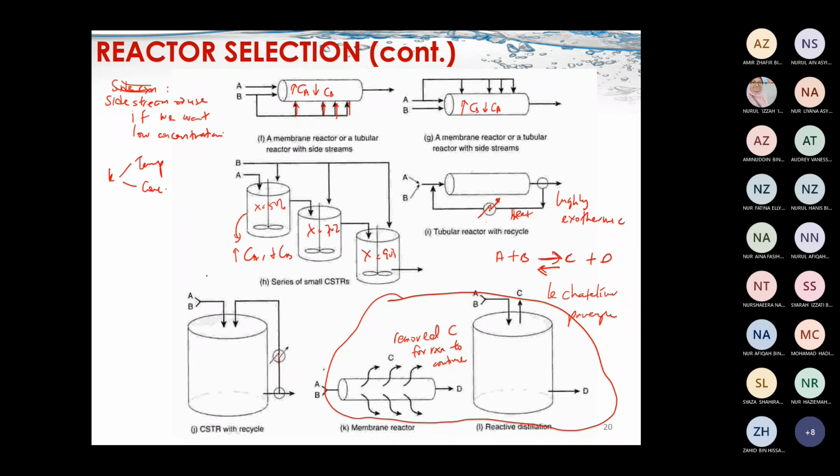Right? Then we have a reactive distillation. Reactive distillation ni sebenarnya you kena faham apa maksud konsep dia. Kalau kita guna reactive distillation, katakan we have acetic acid from H2O, kita nak remove acetic acid from H2O.